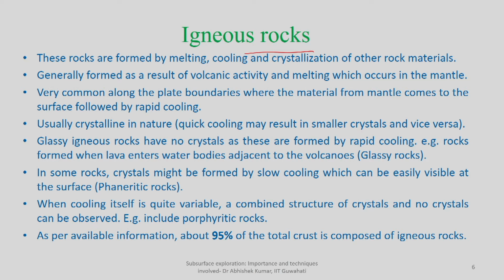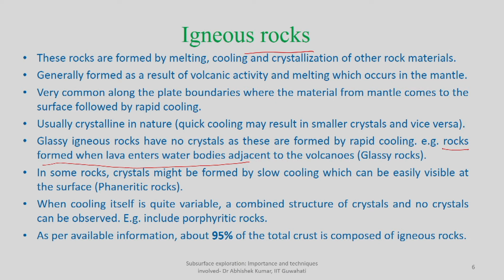Glassy igneous rocks have no crystals, as these are formed by rapid cooling. The cooling is so quick that it does not allow any kind of crystal formation. Generally, this is about rocks formed by cooling of molten material by water bodies adjacent to the volcanoes.